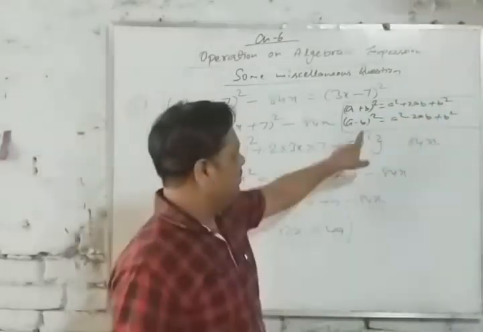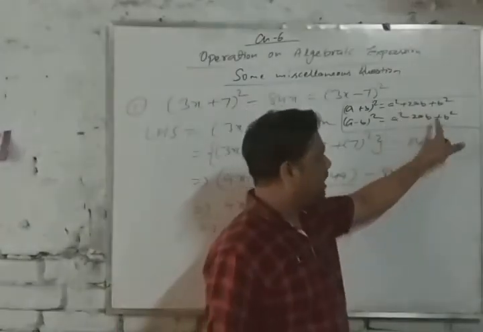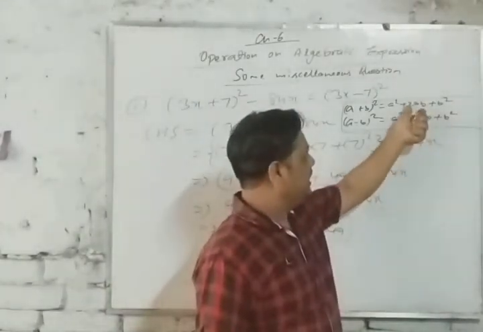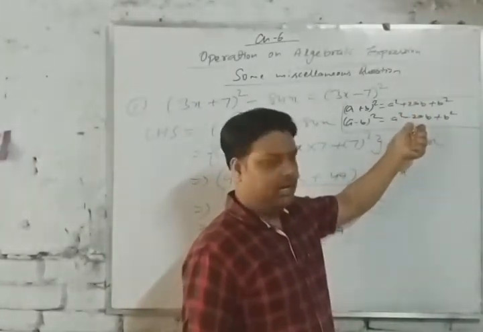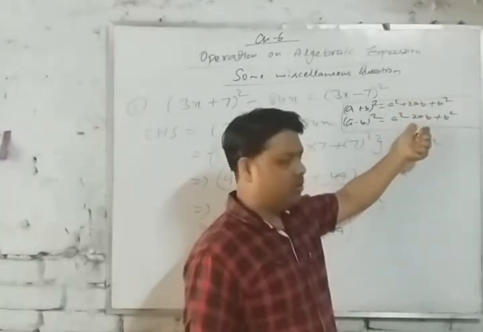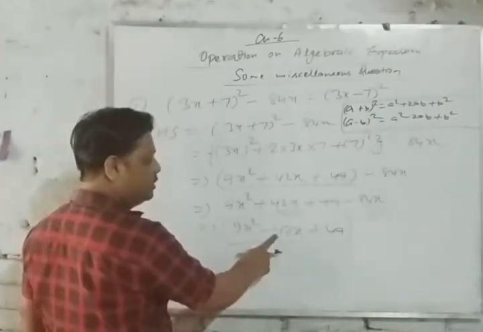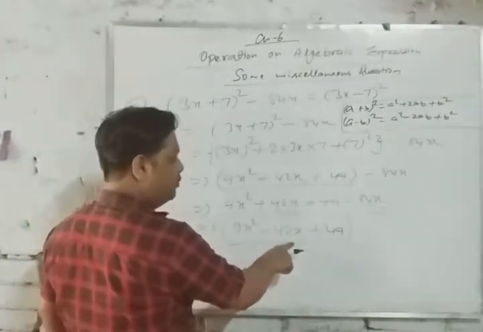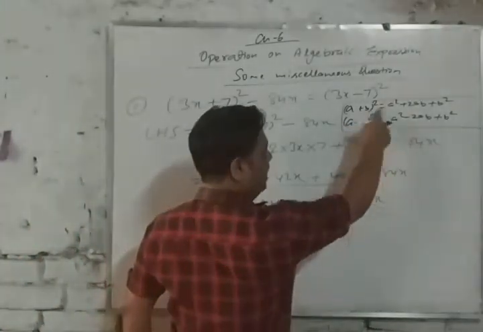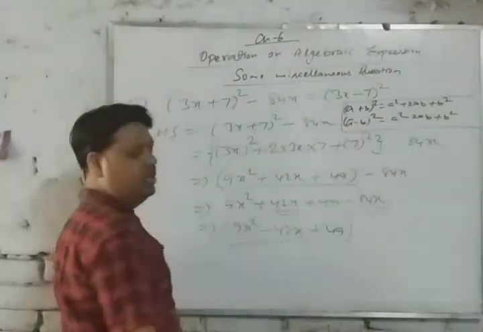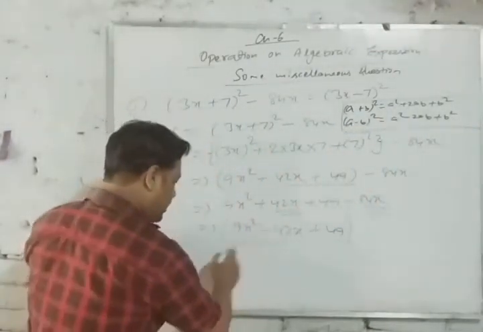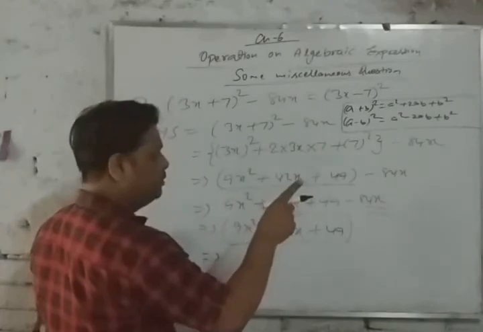Here also, if there is a minus sign, then all terms are the same. But what is the change? In the middle term it is plus and minus. Only this is the change. Same change here, plus and minus. So we can say that this is the formula of (a - b)^2, that is a minus b whole square. Okay. So we can write it like this: (a - b)^2.